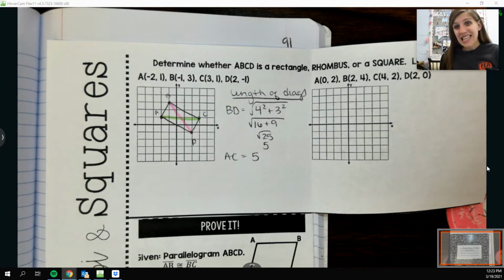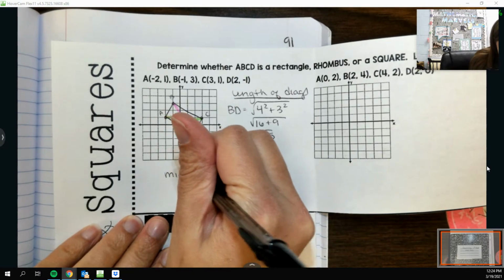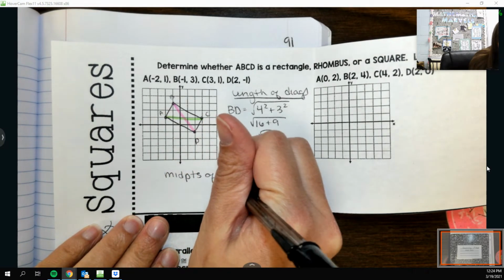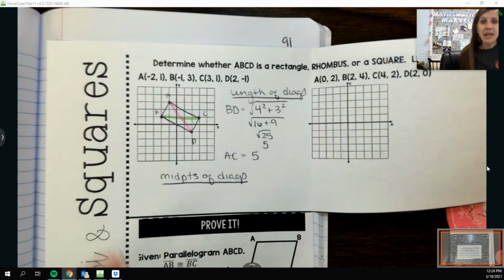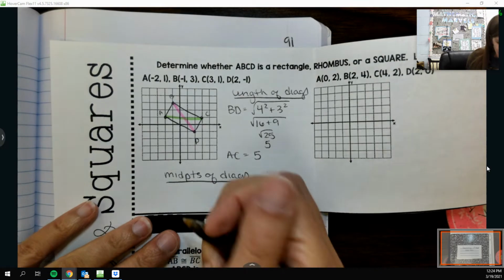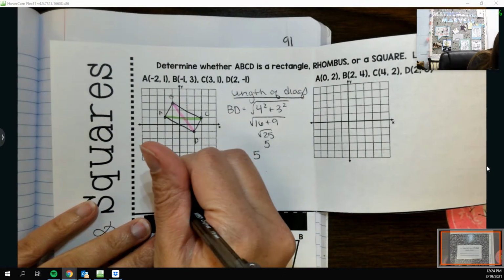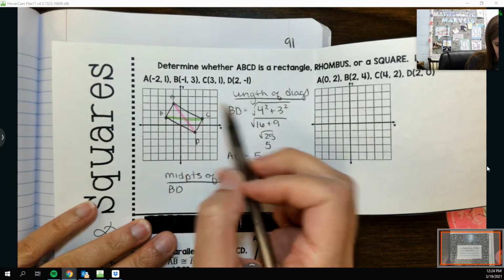However, an isosceles trapezoid also has that. And I know it doesn't look like it, but I do have to rule that out. So if I also find the midpoints of the diagonals and they coincide, that will make it a parallelogram, which is not a trapezoid. Finding the midpoint of BD, I'm going to do rise and run, but in half.